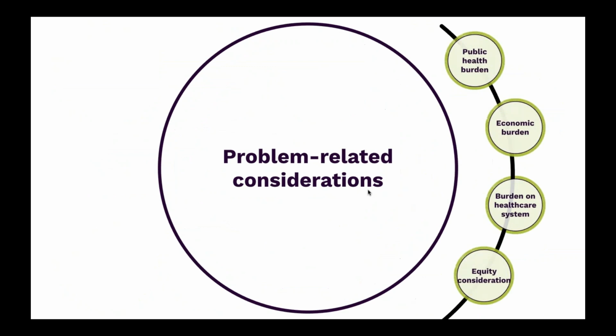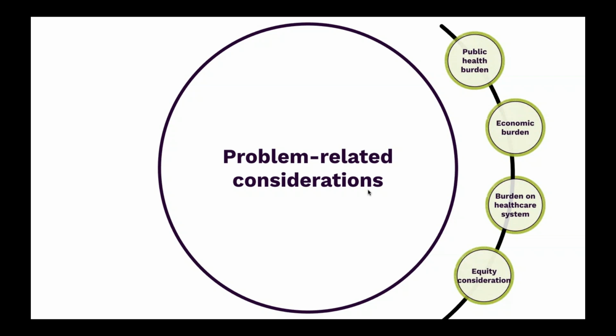So with this one, it's mainly about what does it mean to have the problem. So it's problem-related. So the public health burden, so this could relate to morbidity, mortality, prevalence of the disease. The economic burden, so this is typically correlated with public health burden, but you could think about cases where maybe it's not a prevalence disease, but the economic burden is huge.